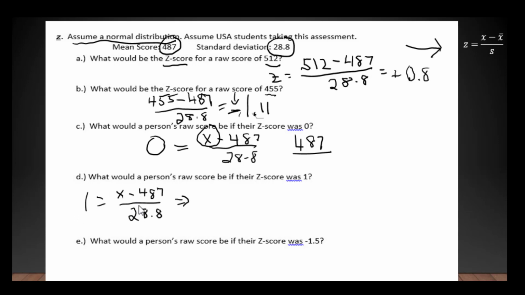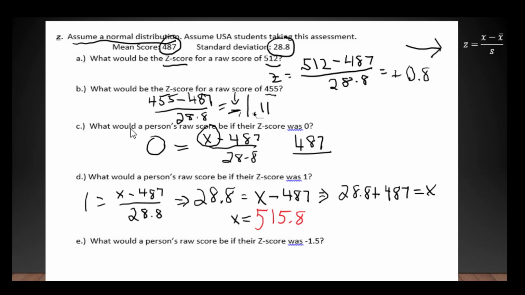Now, what would I do to both sides of the equation here? And if you answered multiply by 28.8, you would be right. And the next thing I do would be add 487 to both sides. So why don't you work with this and see if you can come up with the correct answer. So voila, there it is worked out. I put in what I knew.